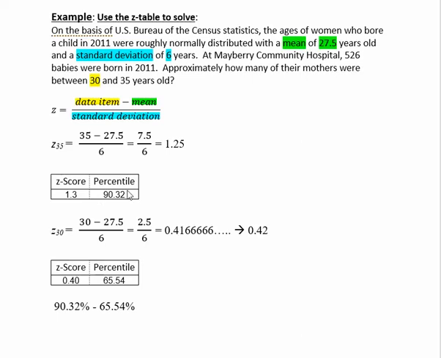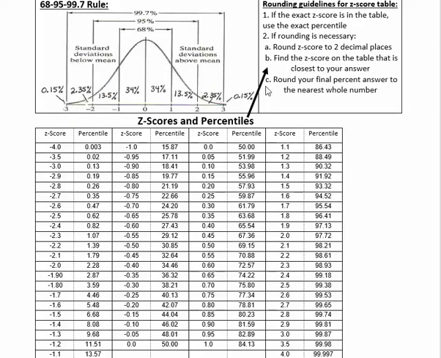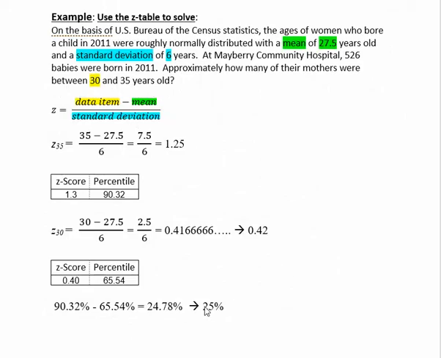We'll take 90.32% minus 65.54%, and that gives us 24.78%. Final rounding guideline says to round that final percent answer to the nearest whole number. So we'll round that percent answer to 25%.